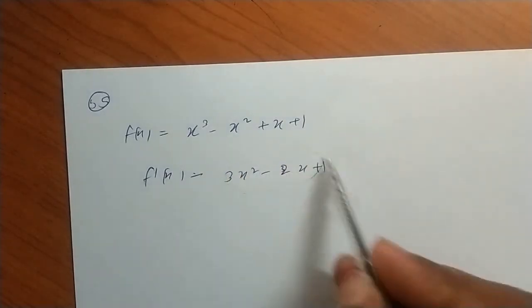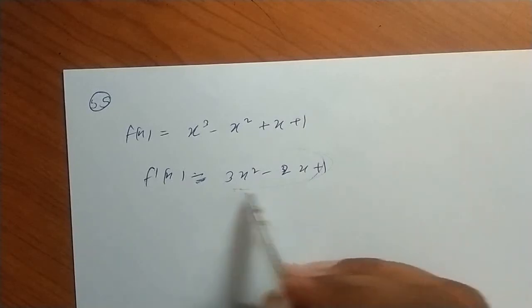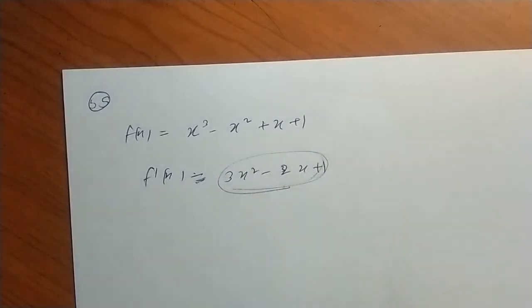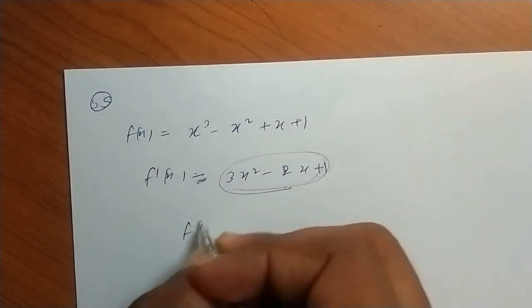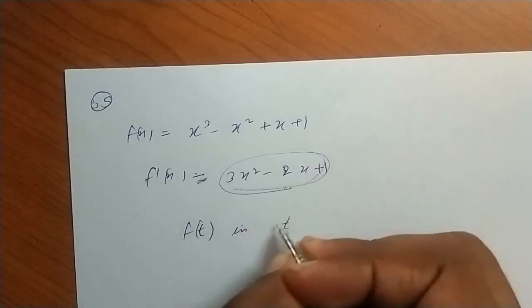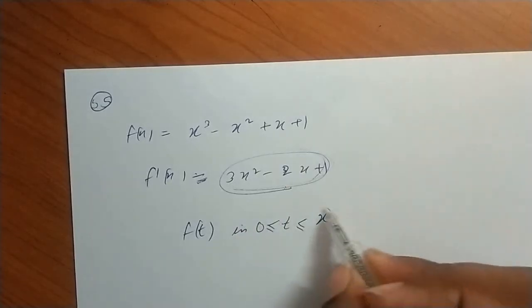Since the discriminant for this is less than 0, we can see that f dash is always positive, and hence f is always increasing. So the maximum value of f(t) in 0 to x would be f(x).